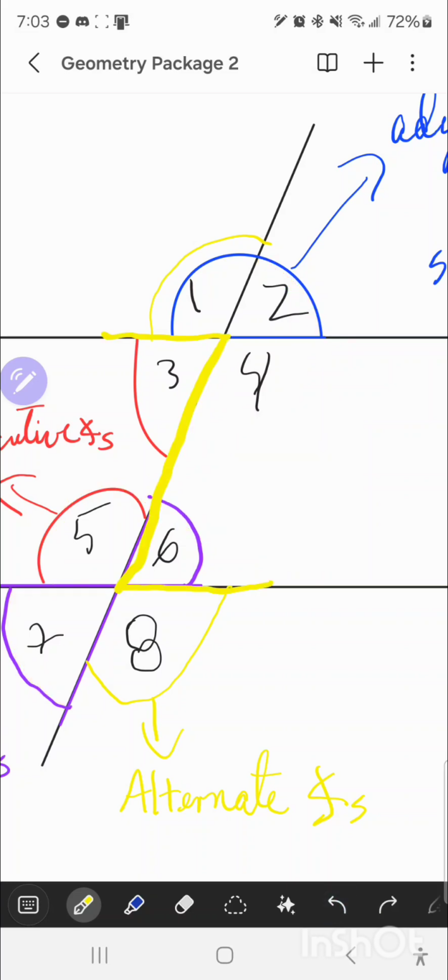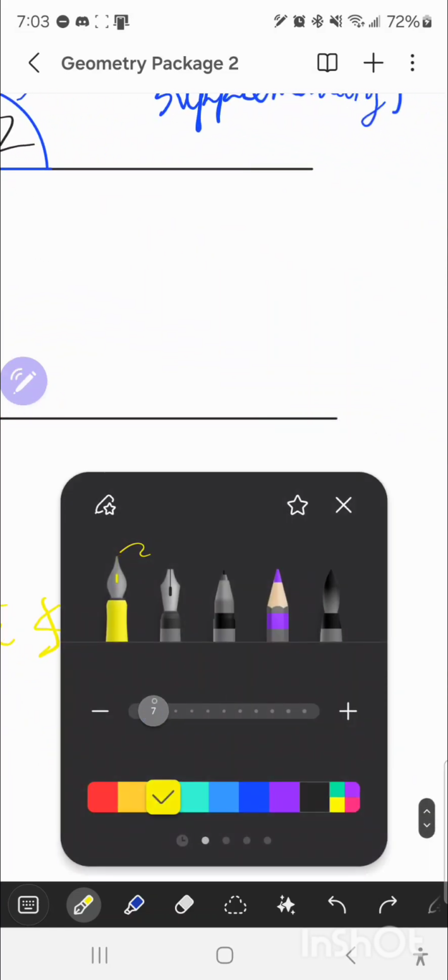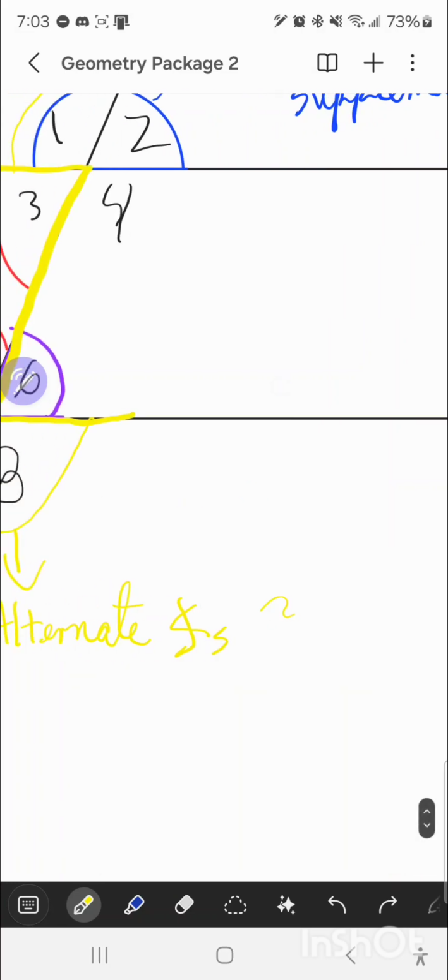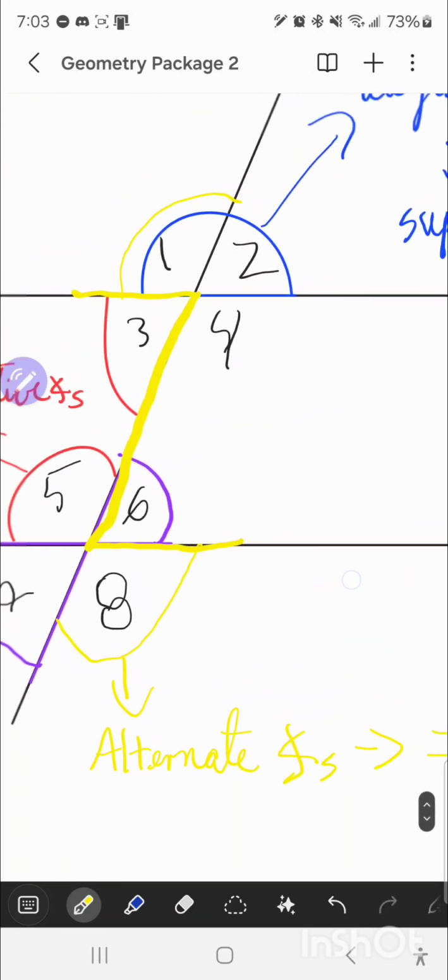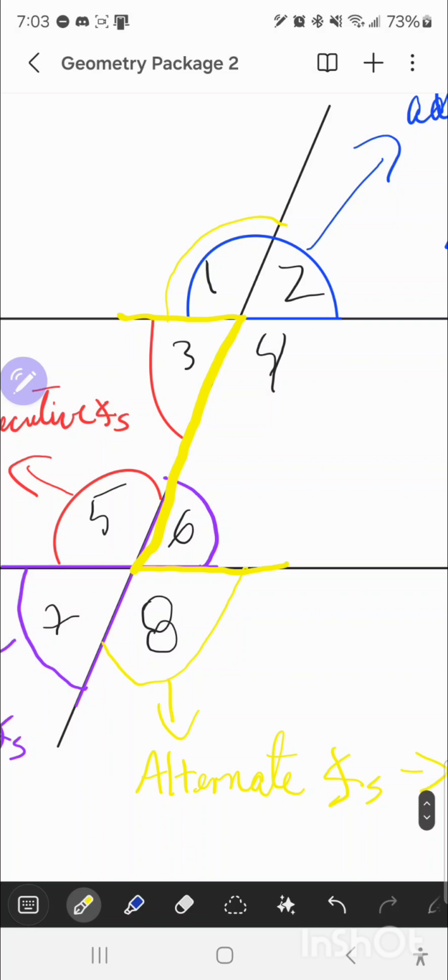And that's it for the alternate angles. They are equal, which means that if 8 is 70, then 1 is 70. If 4 is 51, then 5 is 51, and so on with all the alternate angles.